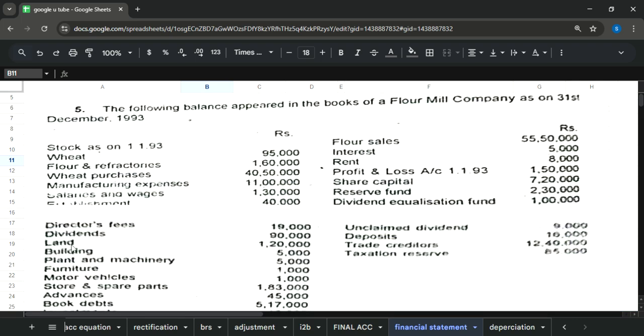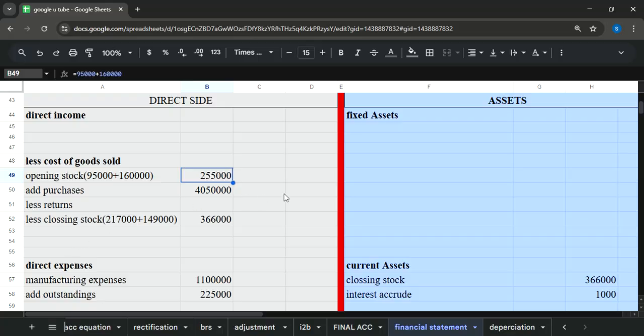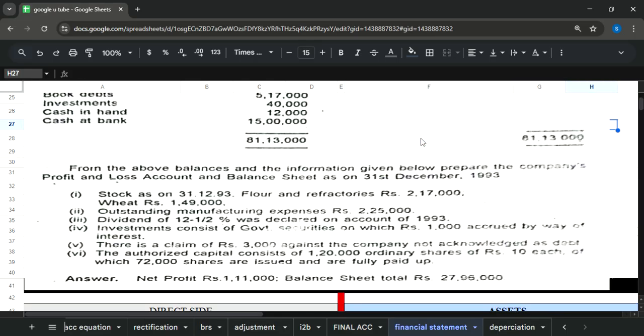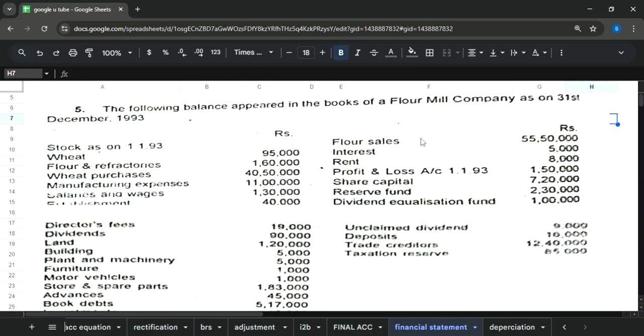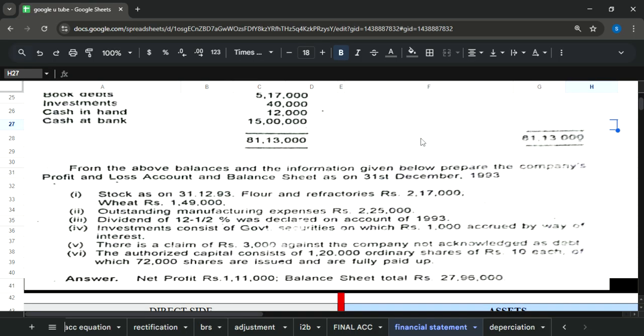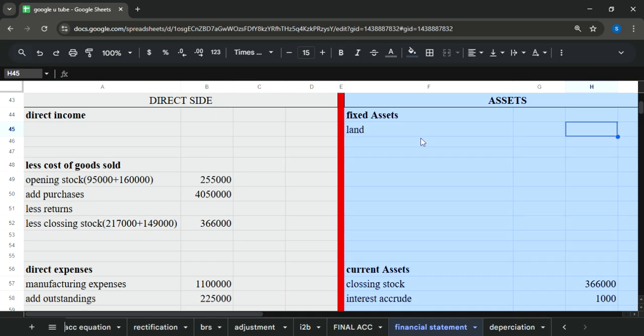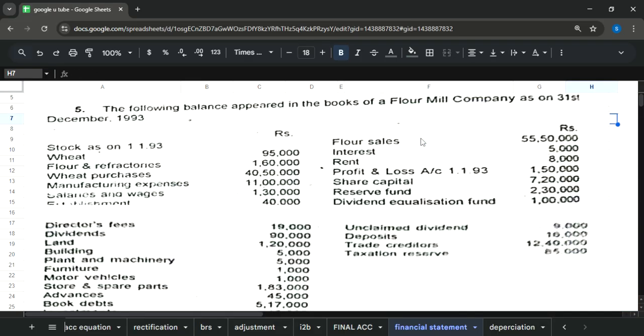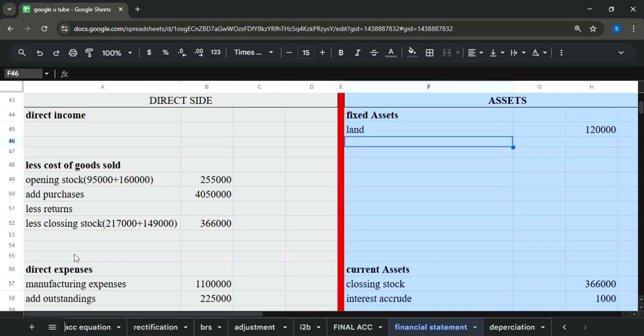Now next is land. It's fixed asset. So here we will mention land, and surprisingly there is no depreciation, no adjustment related to bad debts. So that is why relatively it's an easy question. Land 120,000, and I think we will take a short time to solve it. Then we have building, again fixed asset.